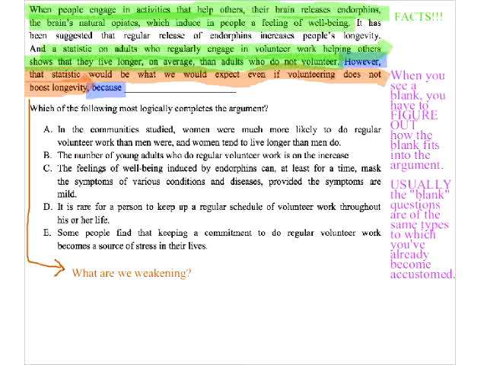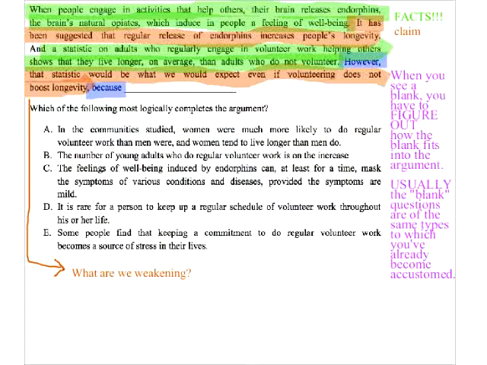Okay. On the other hand, here's a claim. Aha. There we go. That's a claim. So we're weakening that claim.